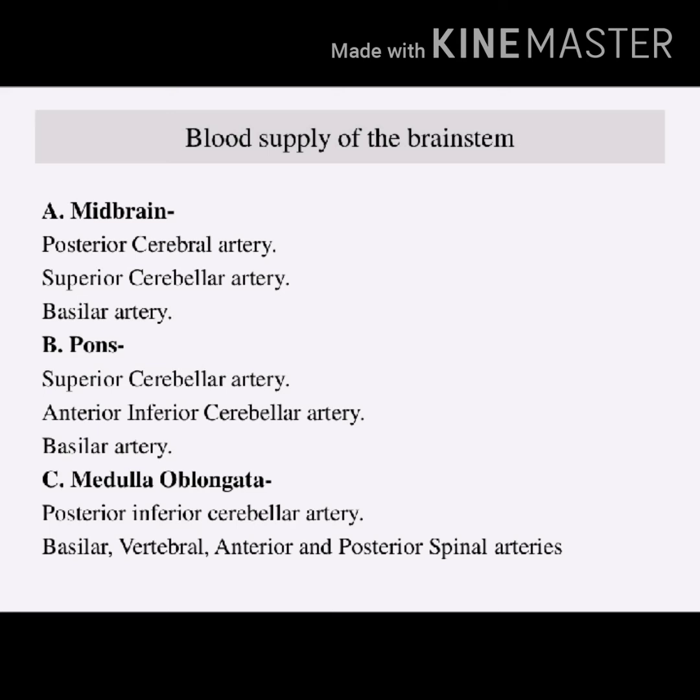Blood supply for the brainstem. First of all is the midbrain: posterior cerebral artery, superior cerebellar artery, and basilar artery. In the pons: the superior cerebellar artery, anterior inferior cerebellar artery and basilar artery. In the medulla oblongata: posterior inferior cerebellar artery, basilar and vertebral arteries, and anterior and posterior spinal arteries.